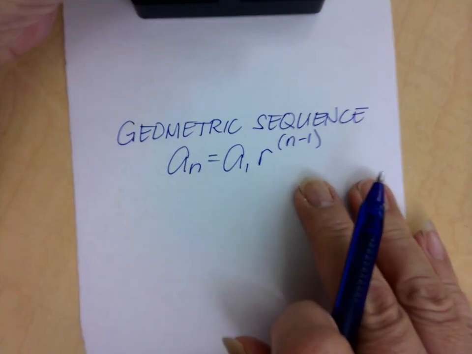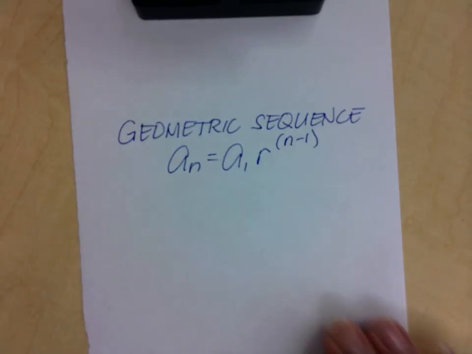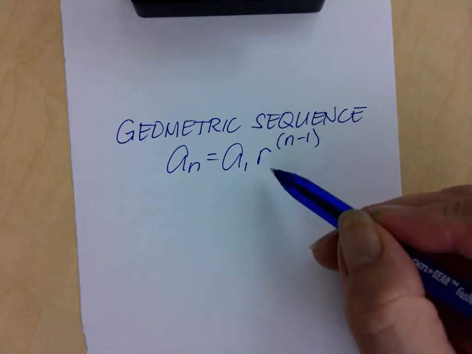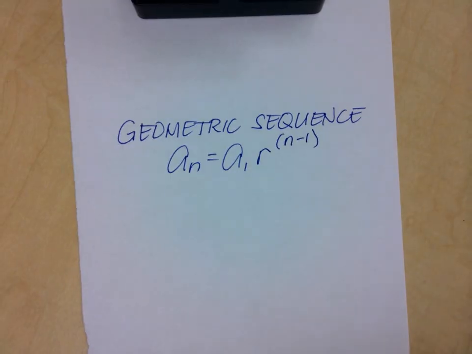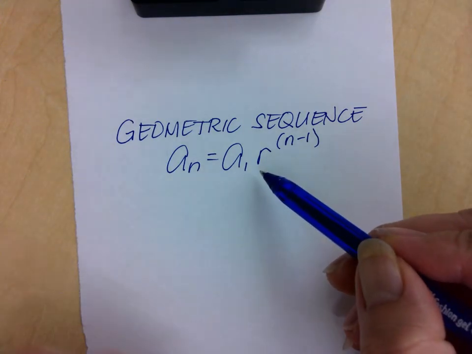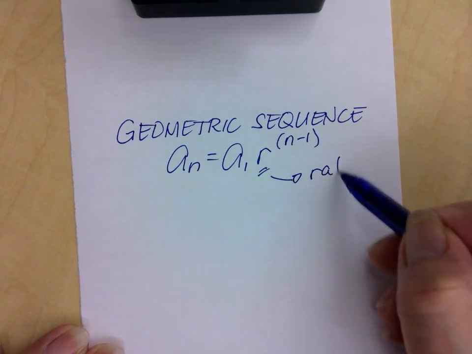With geometric sequence, the formula is a sub n is equal to a sub 1 times r raised to the power of n minus 1. So what does that mean? It means the r here is ratio. What do we mean when we say ratio?